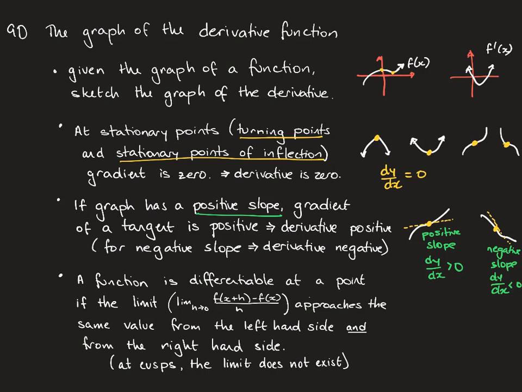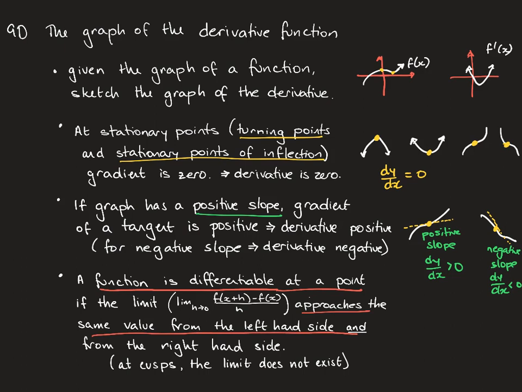And finally, we're going to slightly review the fact that for a function to be differentiable, so for a derivative to exist at a point, the limit used to find the derivative has to approach the same value on the left-hand side and the right-hand side.